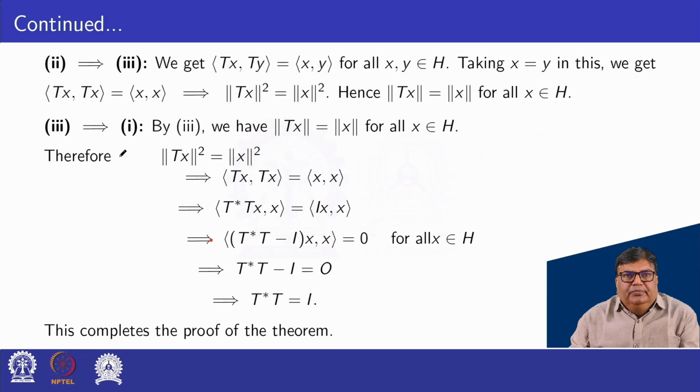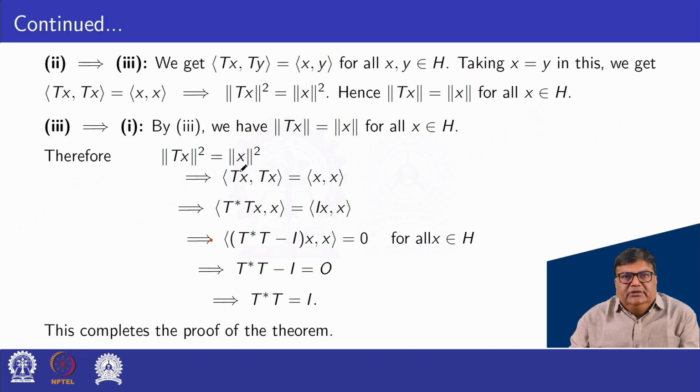Now we prove third to first. By the third, we have norm of Tx is equal to norm of x. Squaring both sides, we have norm of Tx square is equal to norm x square. Norm Tx square can be written as the inner product of Tx, x, and norm x square can be written as the inner product of x, x.